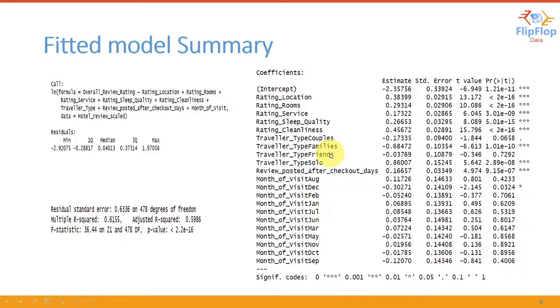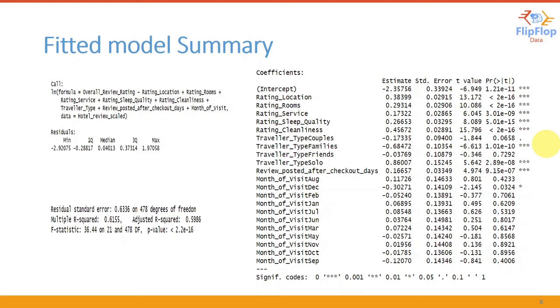If you see closely, yes, all of these variables are significant since the p-value for all of these is much lesser than 0.05. So why 0.05? Because I have considered 95% as my confidence interval, which gives p-value cutoff as 0.05. So anything less than 0.05 is significant for us.